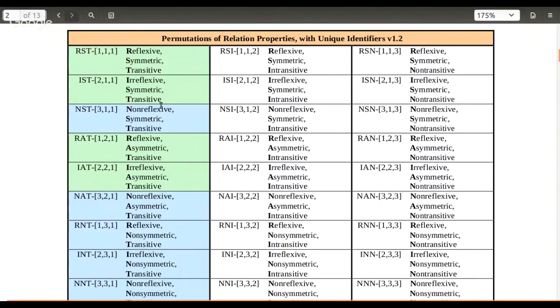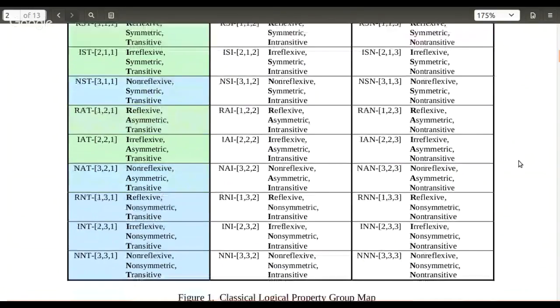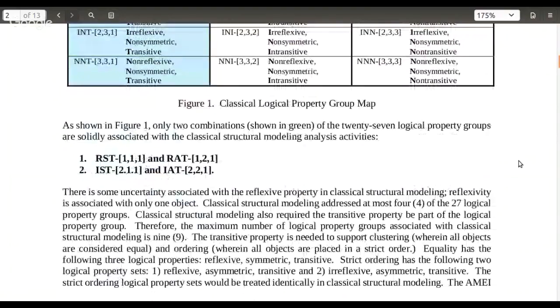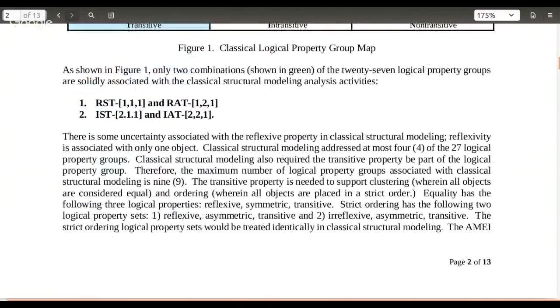We decided to be a little more rigorous about that and to do all the 27 permutations, which we've listed in the AMEI. And of course, these are the logical property groups that were most addressed within the classical structural modeling analysis activities.